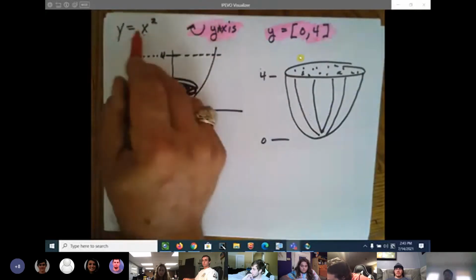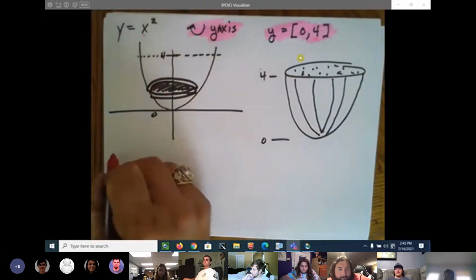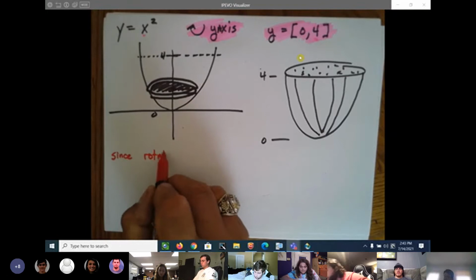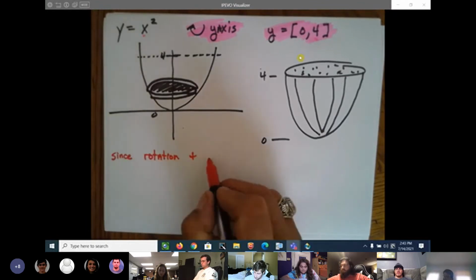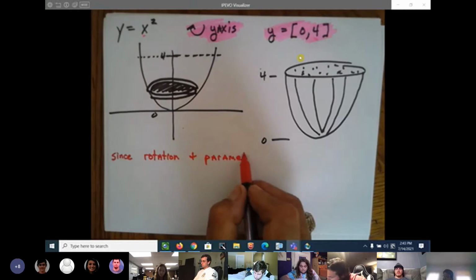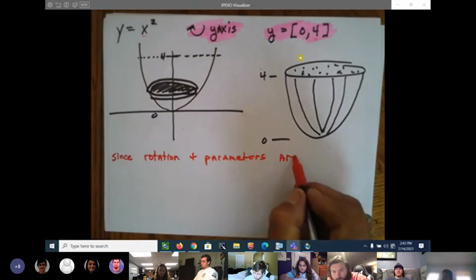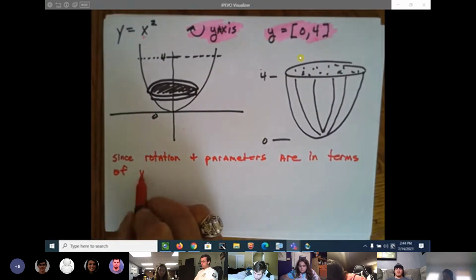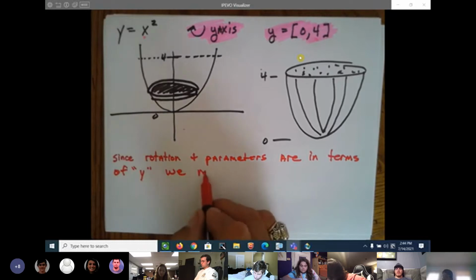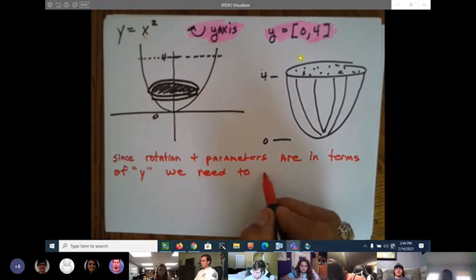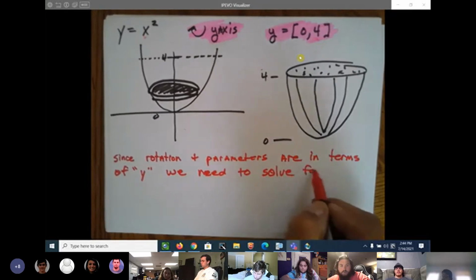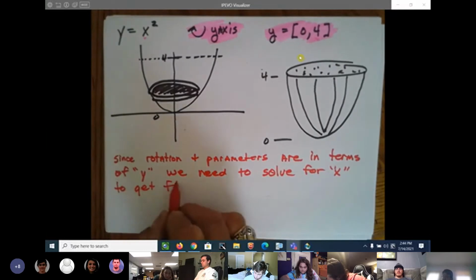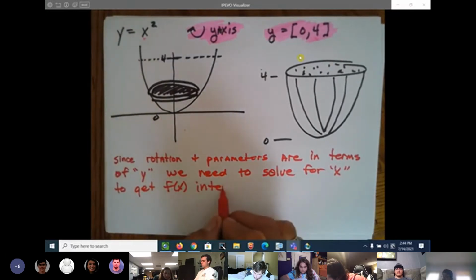X, to get this in terms of Y. So I'm going to go down here: since rotation and parameters are in terms of Y, we need to solve for X to get the function in terms of Y.